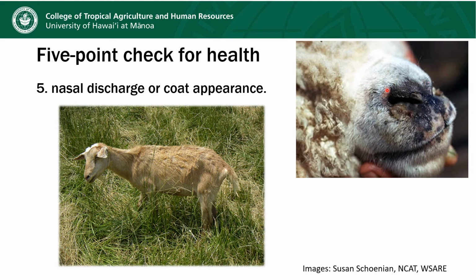And you're going to want to examine the nose for nasal discharge that can indicate the presence of lungworms or pneumonia, or there might be nasal bots in there as well. A clinically parasitized animal would generally show a decreased hair quality and quantity. So that's why we want to remember to take a look at what's going on with the skin and coat.